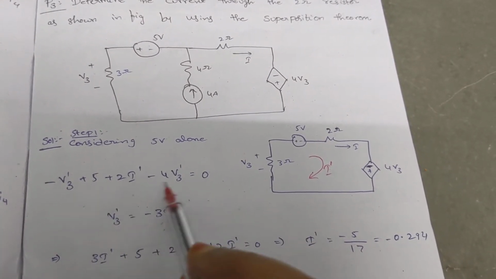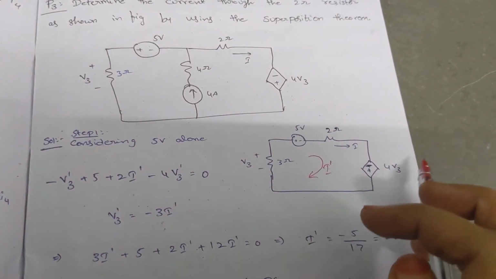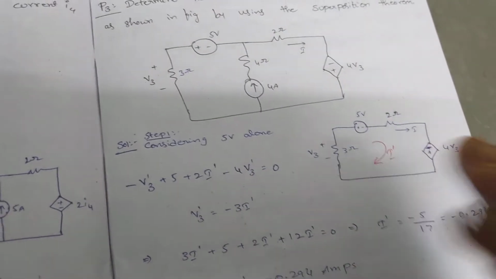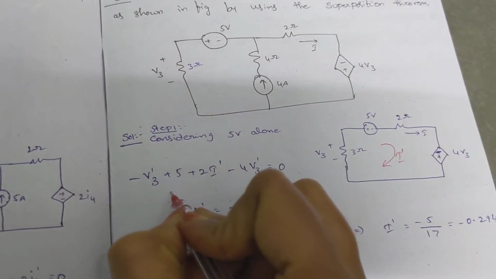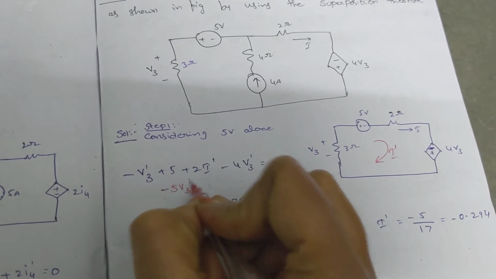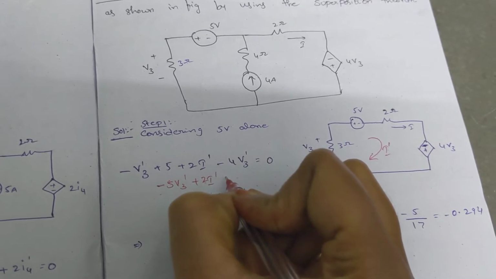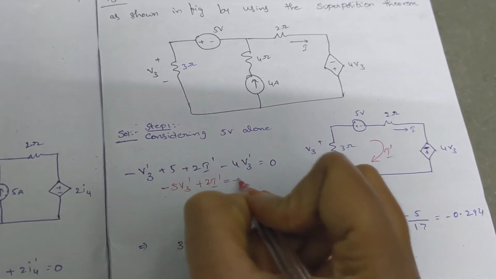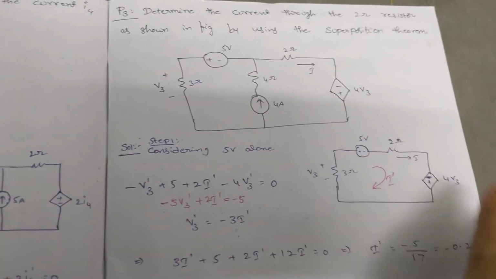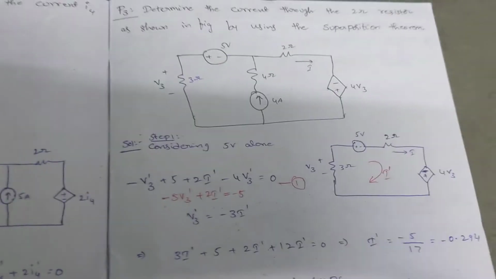Here I have 2 unknowns, so minus 5V3 dash plus 2I dash is nothing but minus 5. This is my first equation.